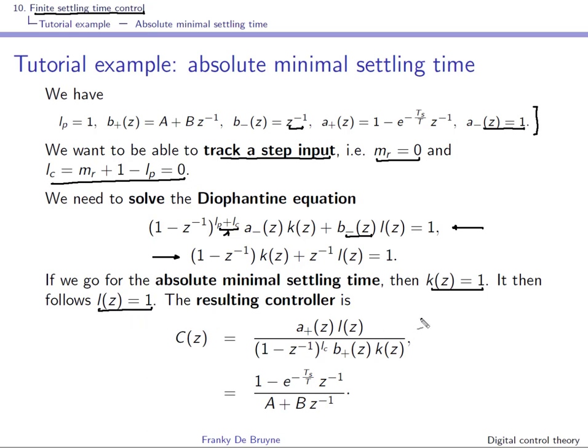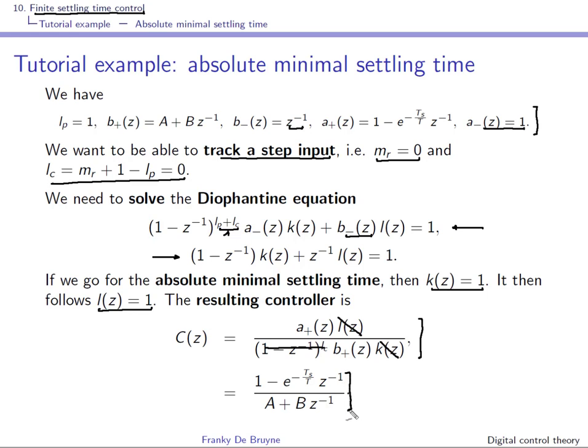We had seen that the resulting controller is like this. This one is 1, this one is 1. LC is equal to 0, right? So we end up with A plus divided by B plus. So this is the absolute minimal settling time controller.